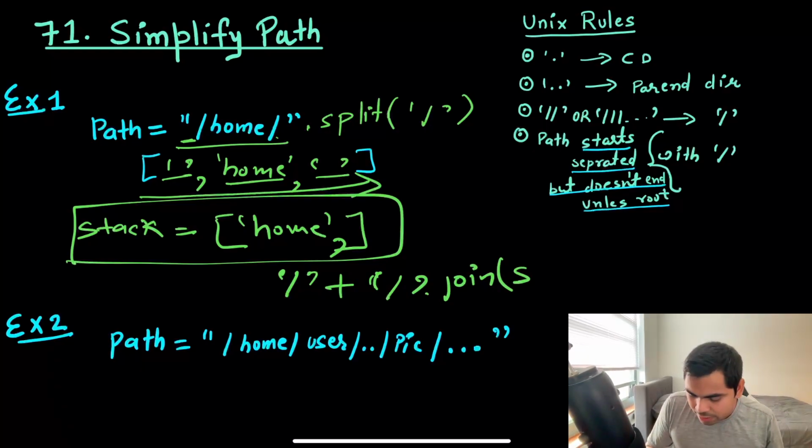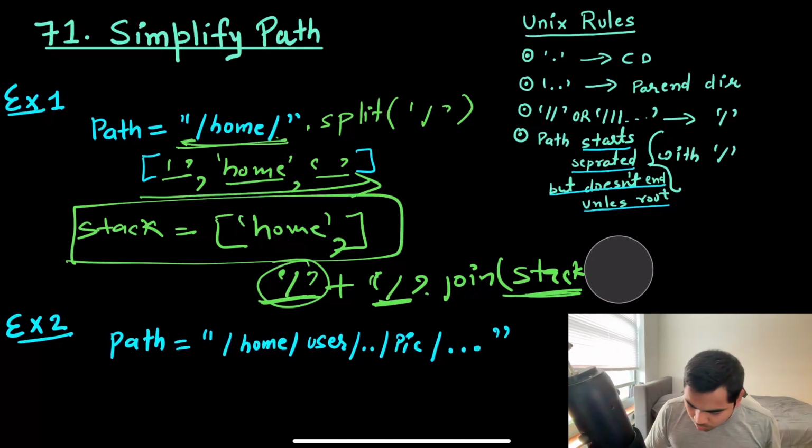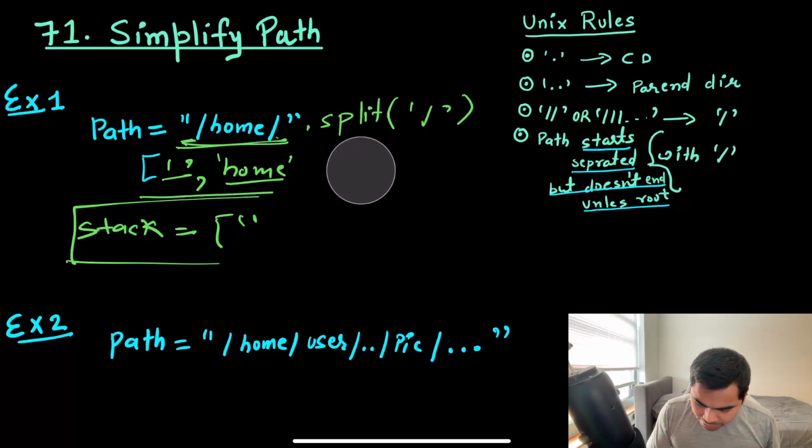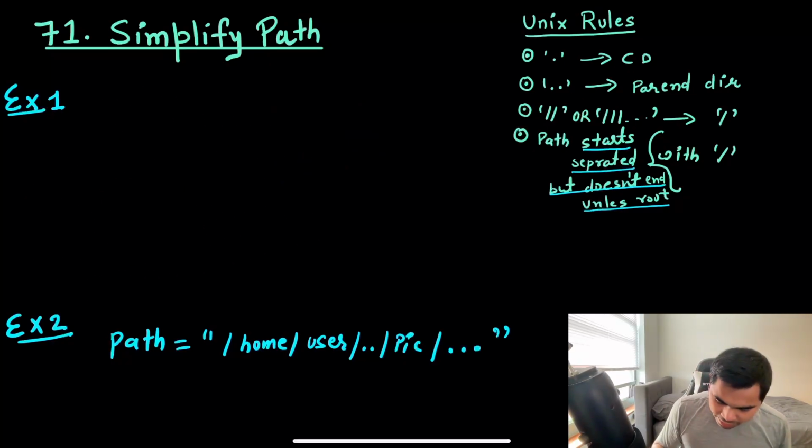So this will return everything starting with the parent directory, which was supposed to start with this slash, and then this will put slashes between all the directory names. I think this was too simple, but let's do it with a more complicated example, and then it will become super simple for us to understand, and then we'll dive deep into our solution.